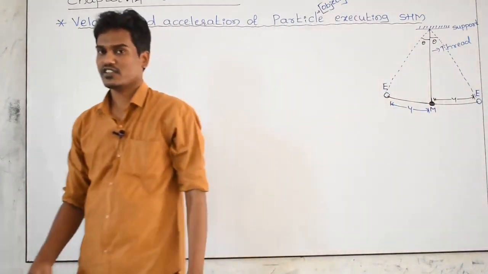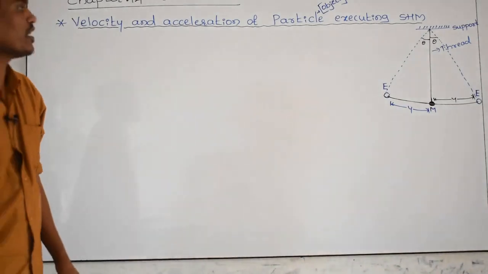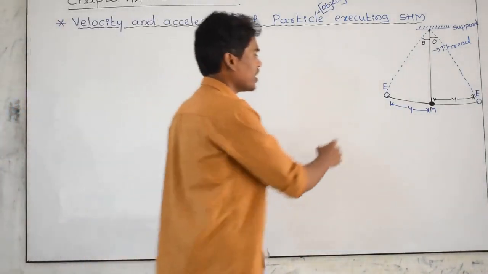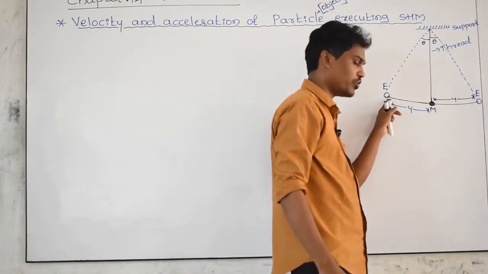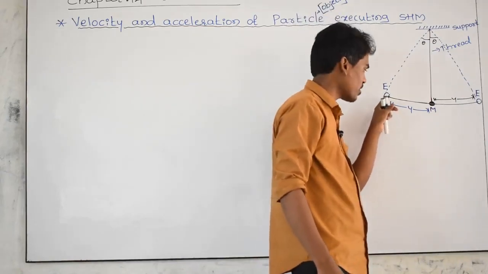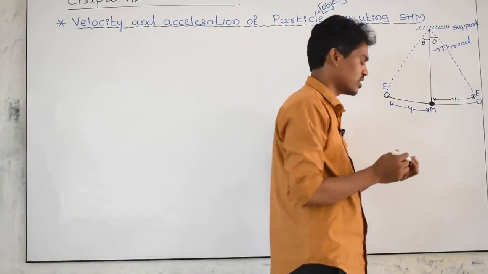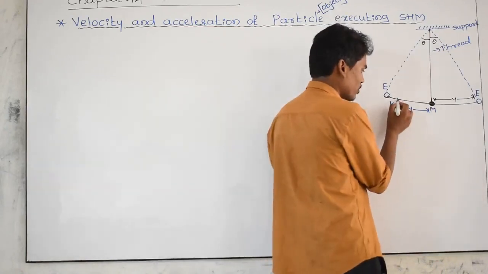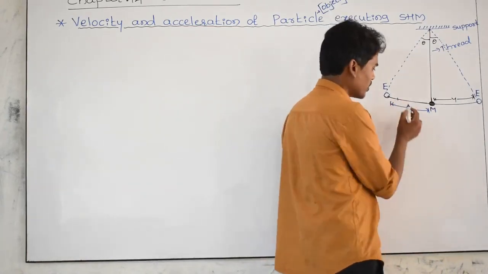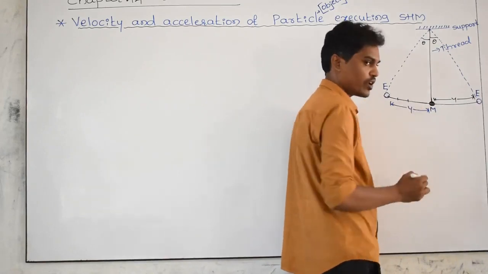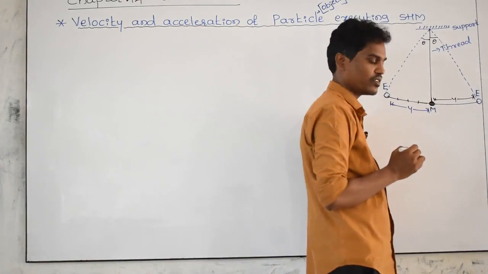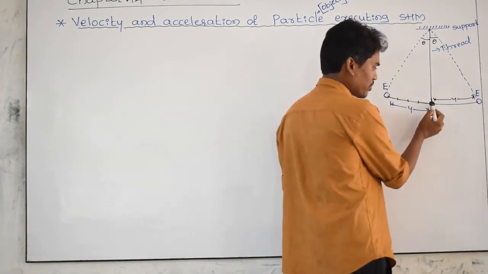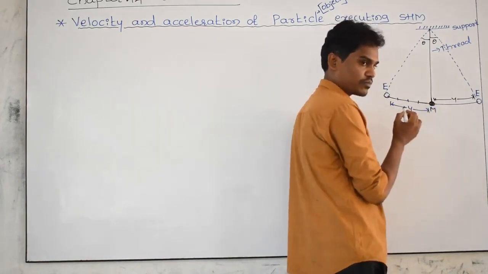What is our intention in this concept? We have to find out the velocity at the extreme point. When the object is at this point during its SHM, what is the velocity of the object here? If the object is at the mean point, what is the velocity?